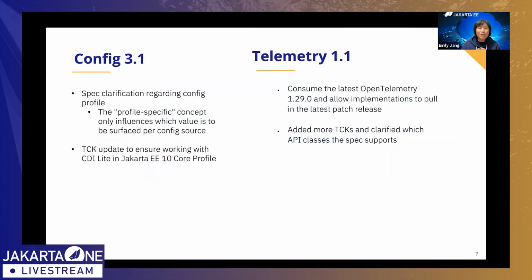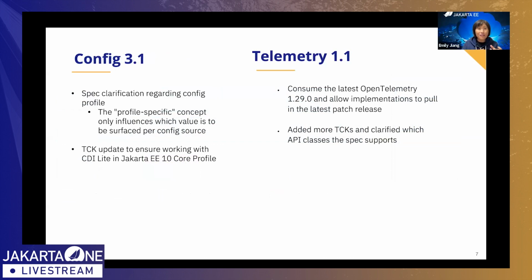In the next couple of slides, I'll talk to you about MicroProfile 6.1. Config 3.1 has a very minor change. It has a spec clarification regarding the config profile. The profile controls which configuration value will surface per config source.